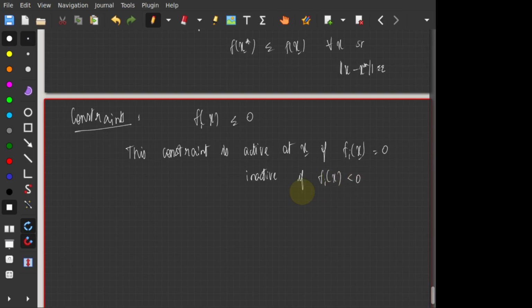Okay, so we're only looking at points which satisfy the constraints. For example, if you take a set of linear constraints, each linear constraint basically defines a half space, right? And the set of all linear constraints basically defines some kind of a polyhedron.